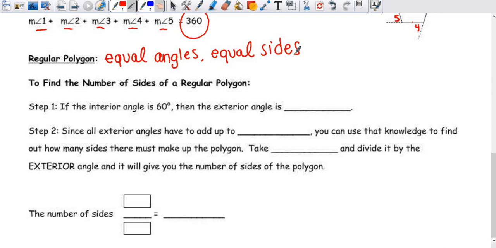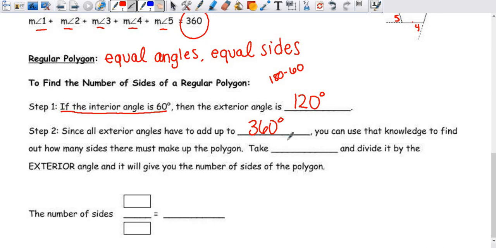And what you are normally always only given is maybe this piece of information right here, that the interior angle is 60 degrees. Well, step 1 says if the interior angle is 60, then the exterior angle, I know they have to be a linear pair, so 180 minus 60 is 120 degrees. All right? So since all of the exterior angles, no matter what the shape, see it doesn't matter how many sides because we don't know how many sides yet, since they all have to add up to 360 degrees, you can use that knowledge to find out how many sides that must make up the polygon.